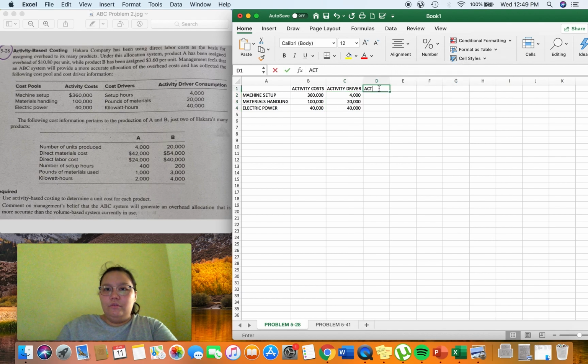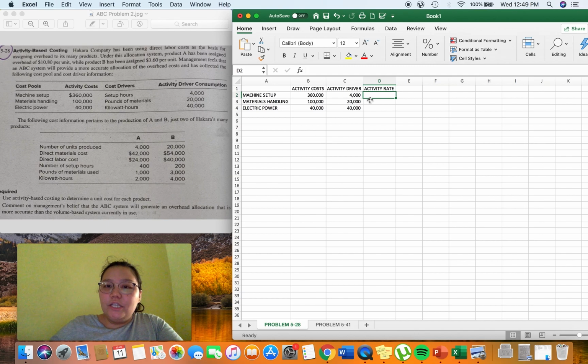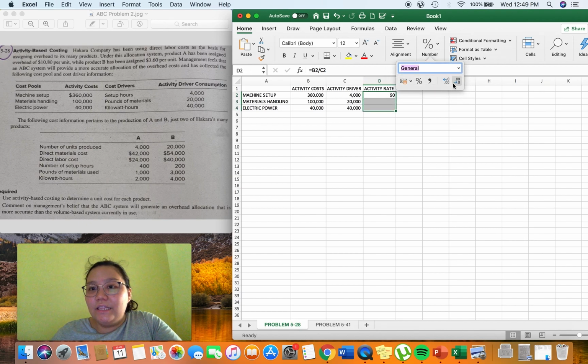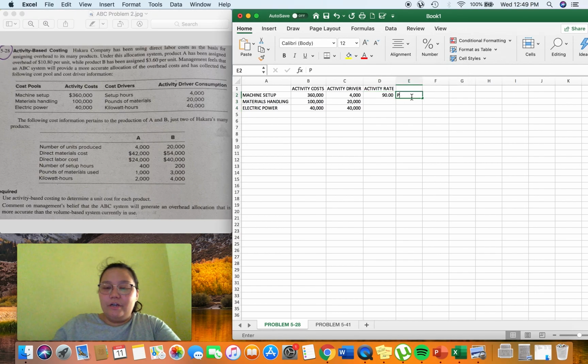So now, what we will do is to simply divide the activity cost by its corresponding activity driver. So for the machine setup, we'll divide 360,000 by 4,000, and the activity rate is 90 per setup hour. Okay, 90 per setup hour.